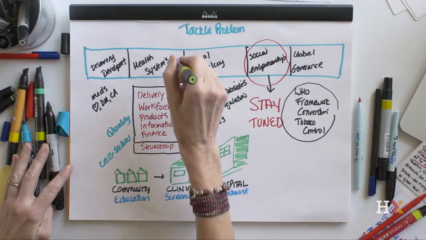So a good way to wrap up this broad spectrum of how we might tackle chronic diseases and segue into a really interesting case that Tarun is going to talk about is to remind you of the goals of a health system. The primary goal is to improve health and the distribution of health. Second, to protect families and communities from financial catastrophe, from those health expenses that will push them over the poverty line.